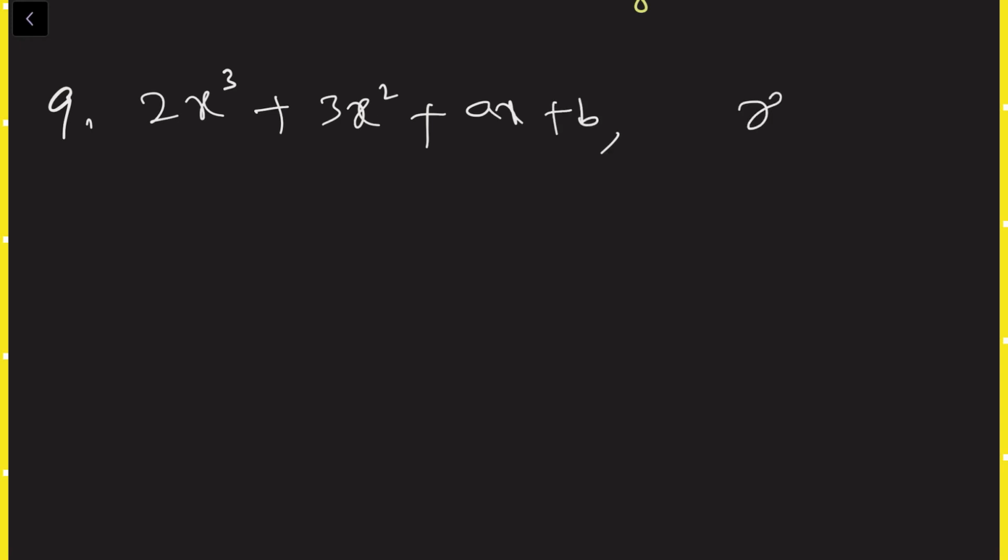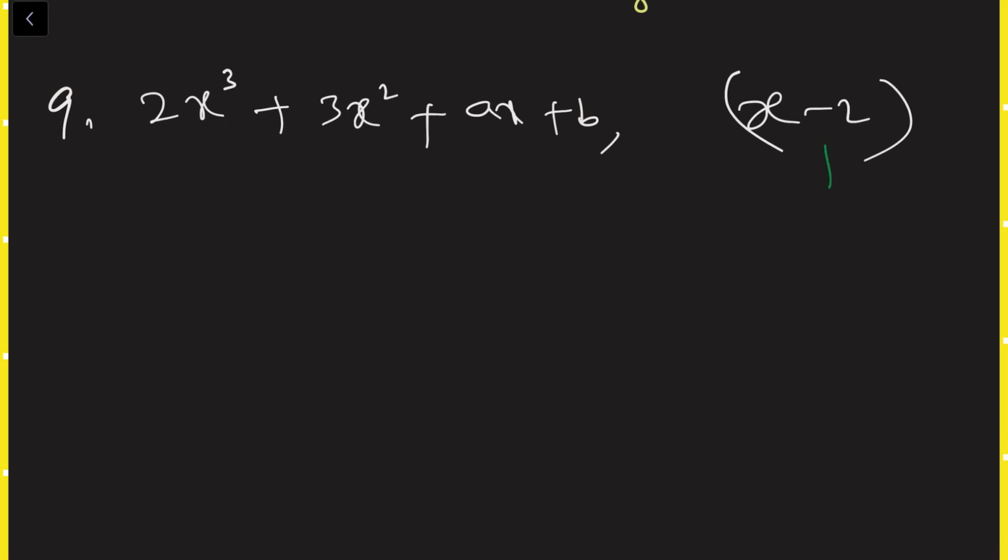Next, last question. When a polynomial 2x cube plus 3x square plus ax plus b is divided by x minus 2, it leaves remainder 2.